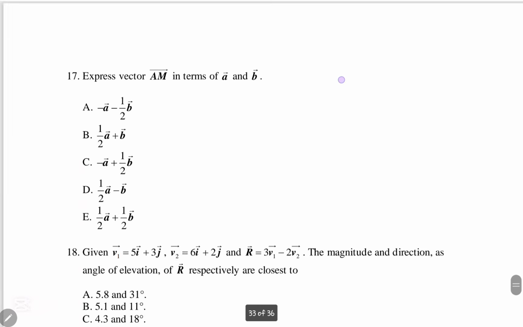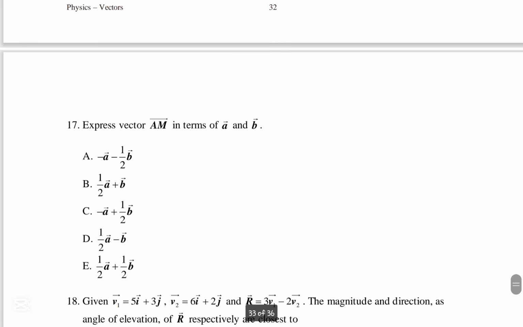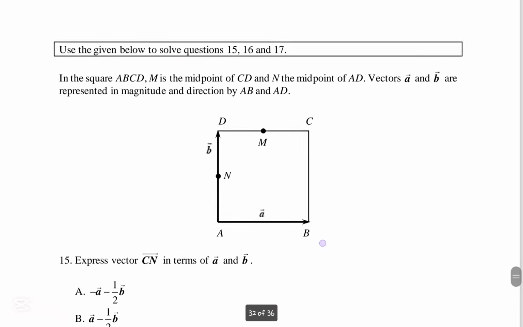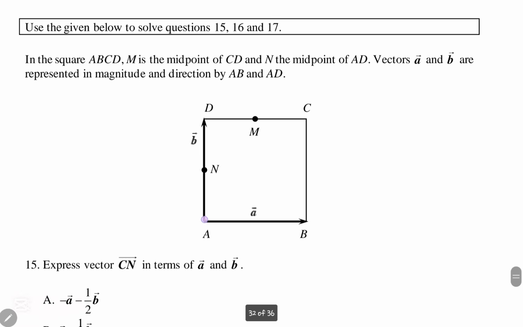We'll now move on to 17. What does it say? It says, express vector AM in terms of A and B. So where is AM? Here's A, here's M. From A to M. Please always try to find the simplest and easiest way.